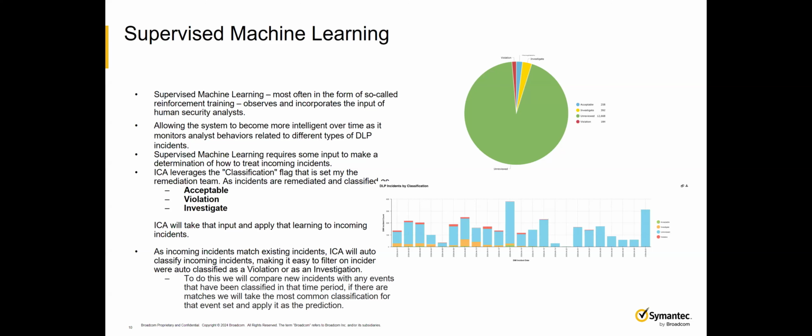It's important to understand that ICA, under its unsupervised machine learning, may have made a decision that a particular incident is very unusual. This is now where the system over time will change that decision if what the analyst inputs into the system contradicts that and says, no, I don't believe that's the case. This is acceptable, or no, this isn't normal. This is a violation.